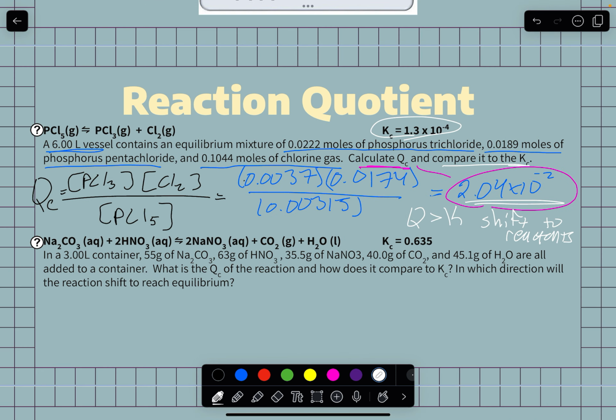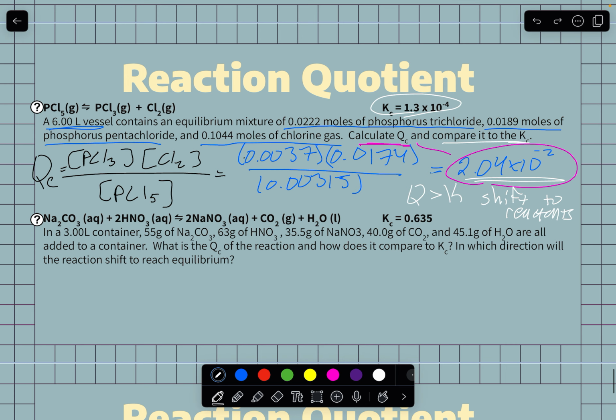So when it says compare to the K, comparing your Q and K, you want to mention the relationship, which one's greater than the other, and what it means. Don't leave off that what it means part. I want you all to figure out the second question. You should get a Q value equal to 0.306.